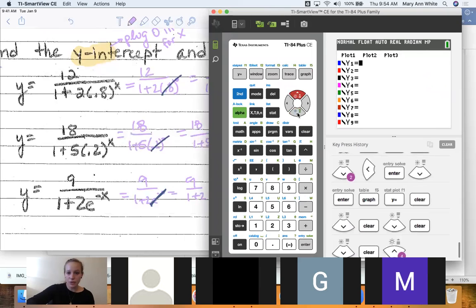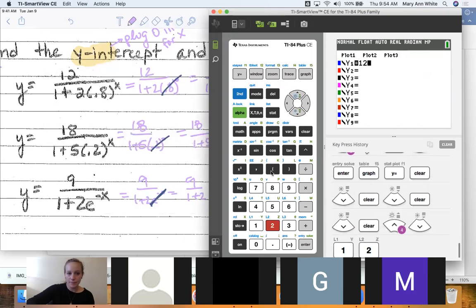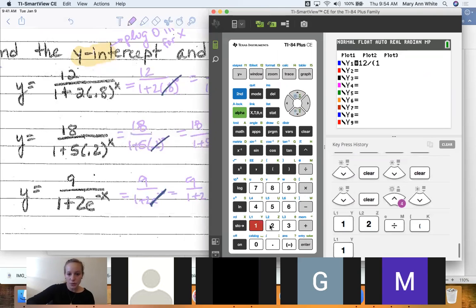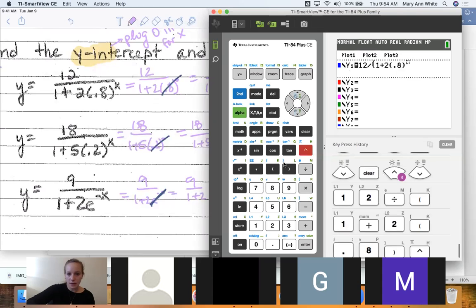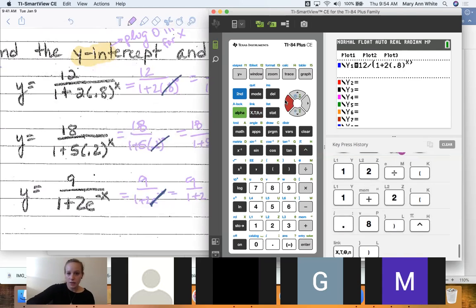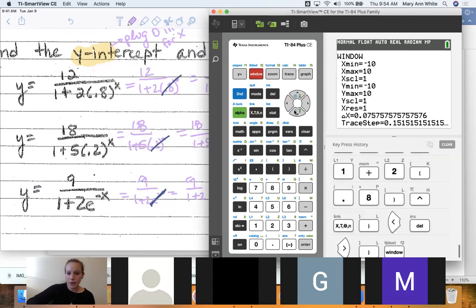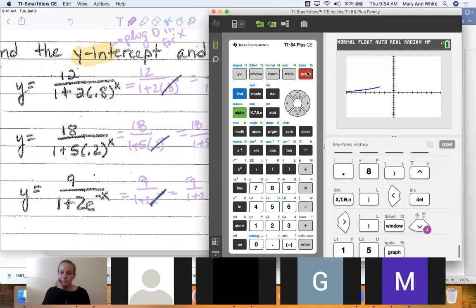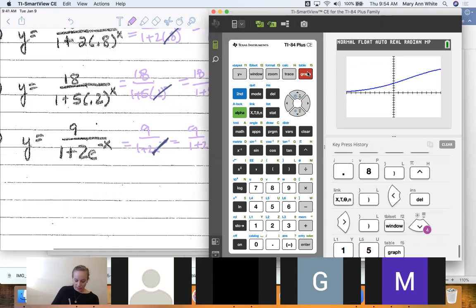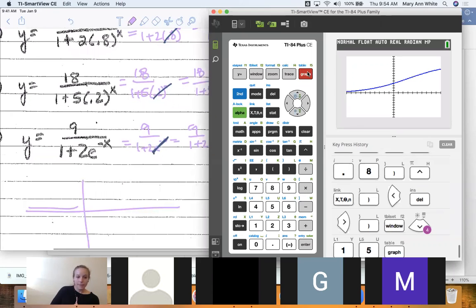If I graph 12 divided by 1 plus 2 times 0.8 raised to the x, all my parentheses in order, I'm going to make sure my window goes to a max of 15 because I'm showing you a point that I know. The logistic function was that S-shaped function from our BFF graphs. It looked like this. And again, I thought it was kind of dumb.